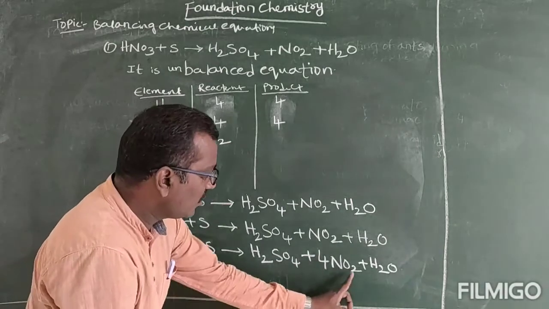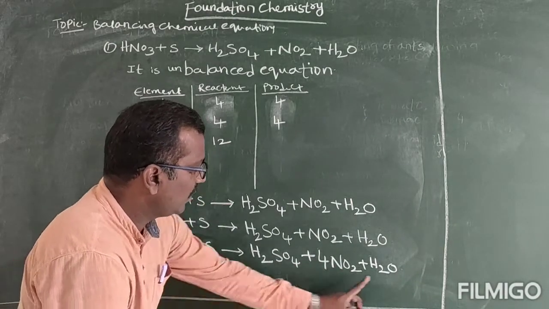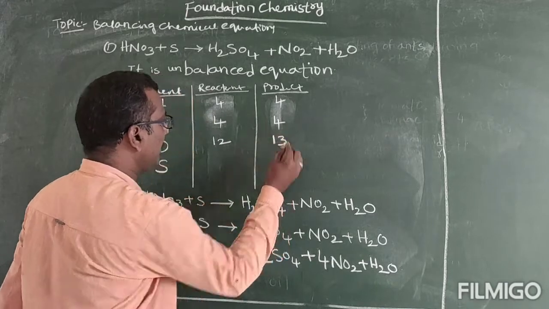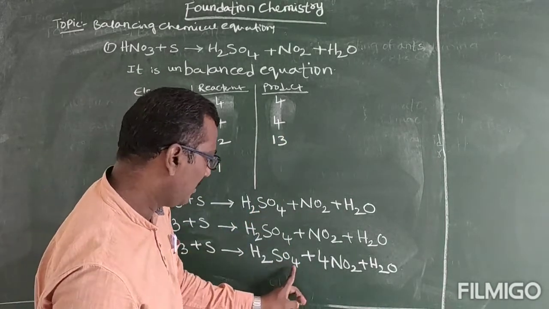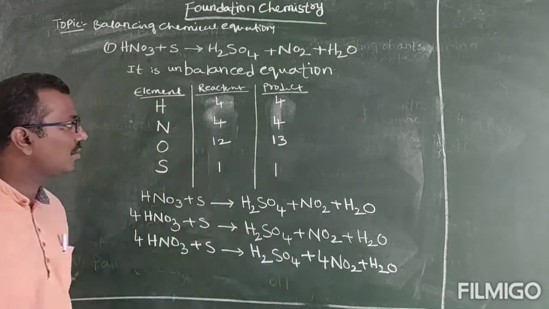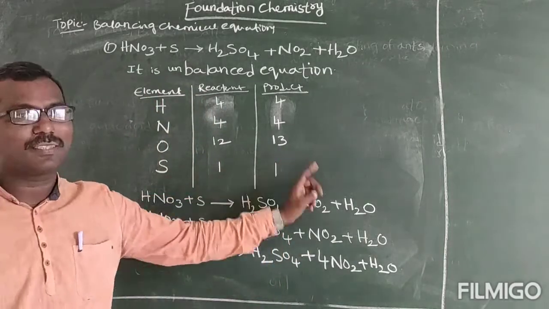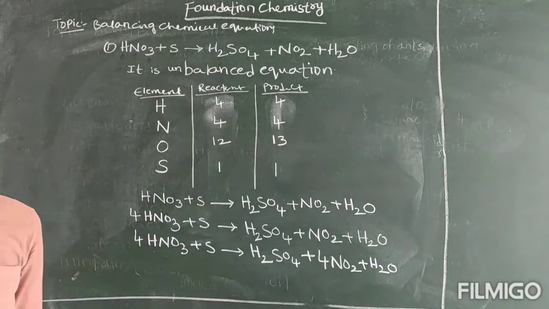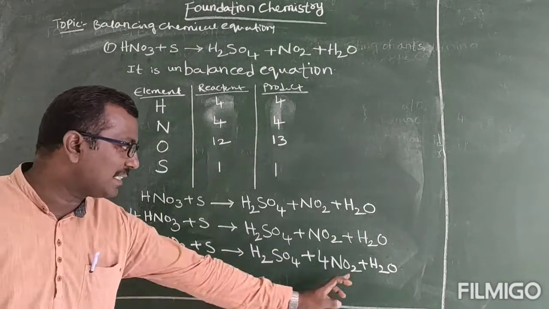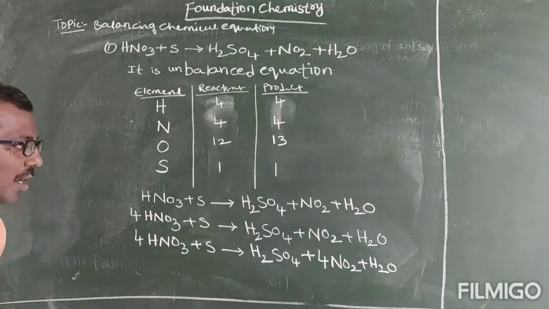Hydrogens 4 2s are 8 plus 4 is 12 plus 1 is 13. Sulfur 1, here 1 sulfur. So what is not balanced now? Oxygen. Here you see you got one even number and one odd number. How to balance this one even and one odd?